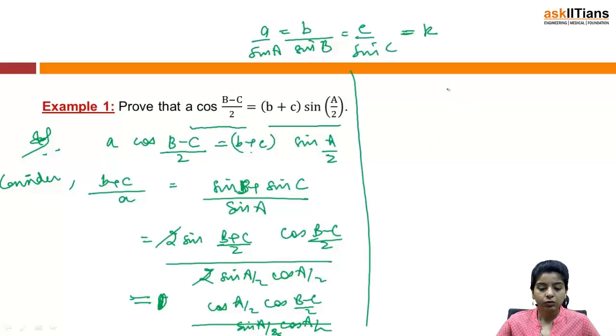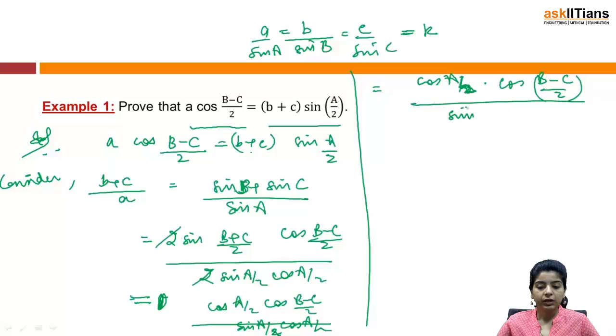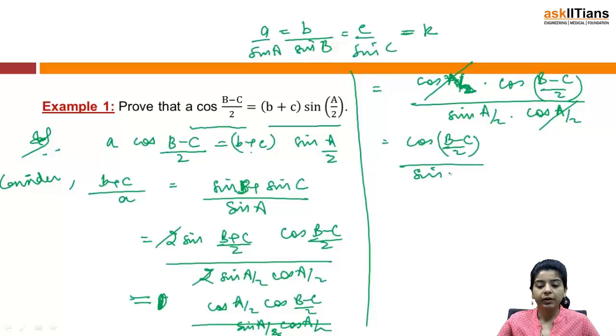So this is equal to cos(A/2) into cos((B minus C)/2) divided by sine(A/2) into cos(A/2). Now cos(A/2) gets cancelled, so we have cos((B minus C)/2) by sine(A/2).